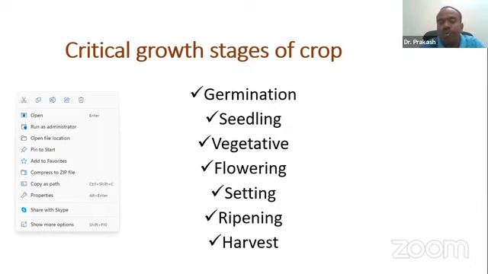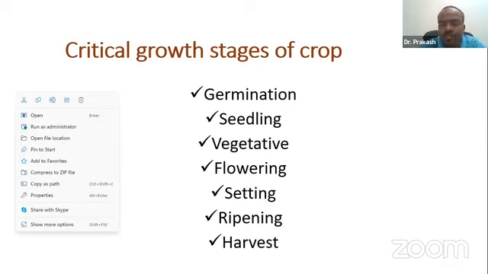So it depends on the flowering, and after flowering comes the setting stage. During the setting stage, proper, timely setting is needed. If one crop is setting at this time and another crop is setting after 10 days, it does not give good yield.